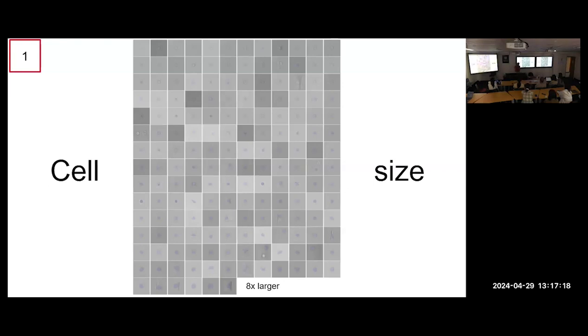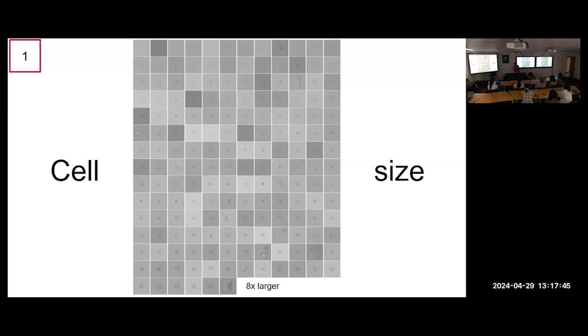All right, the first thing we look at is cell size. Again, this is a cancer cell line, the most boring thing on Earth. And when you look at small cells and big cells, so here the cells are colored with fake blue, just to make you understand a little bit where they are, you notice that the largest cells are around 8 times bigger than the smallest cells. And that's more than you expect, because in a cell line that is dividing, you expect a factor of 2, right?